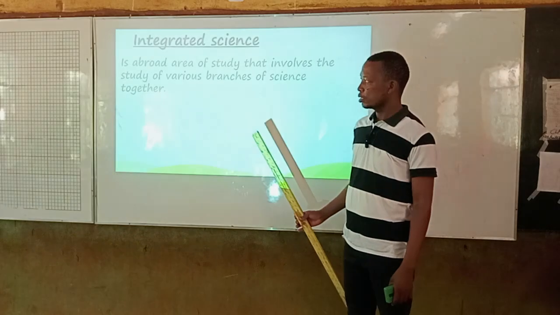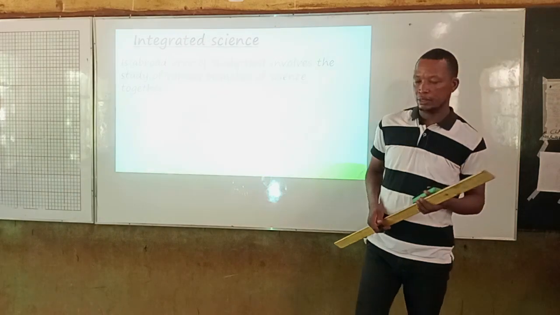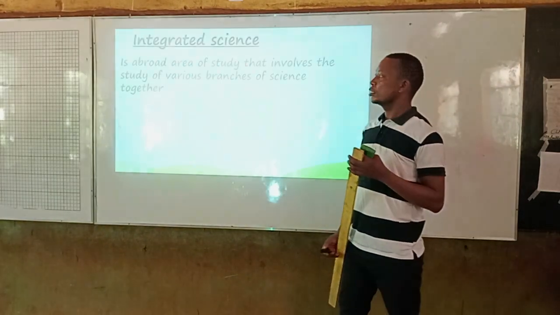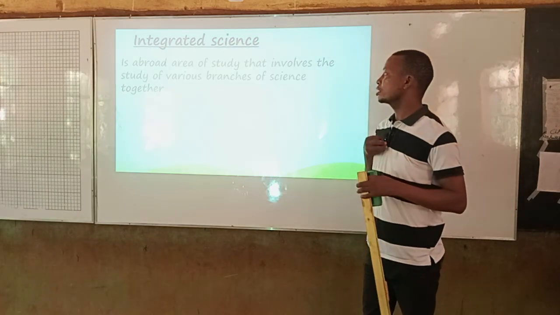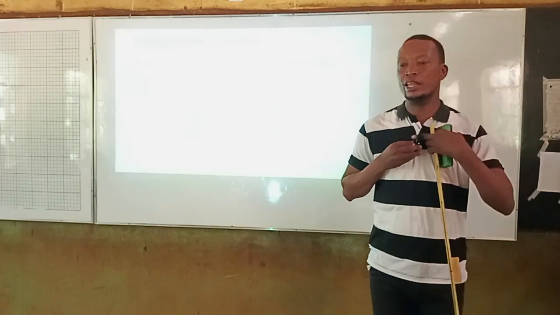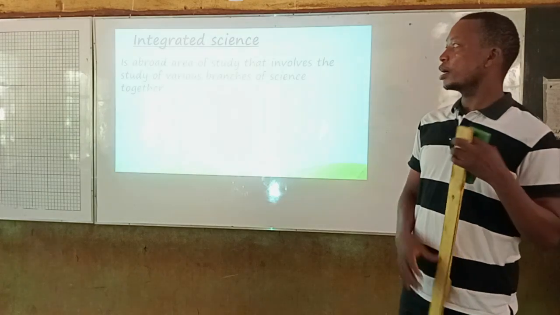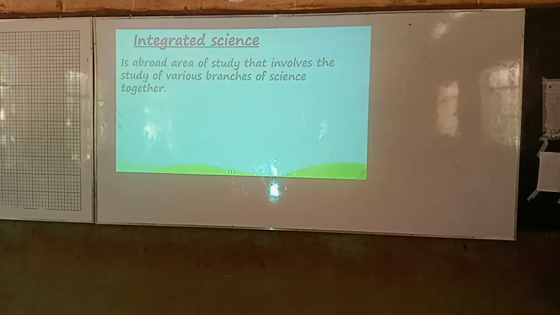Integrated science is a broad area of study that involves the study of various branches of science together. Are we together? Yes. So if in the assessment you are asked, define integrated science, be in a position where you can define integrated science. Are we together, boys and girls?